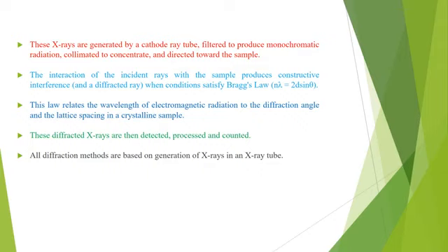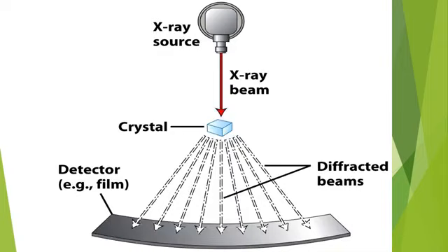All diffraction methods are based on the generation of X-rays in the X-ray tube. Here is an animation showing the X-ray source. The X-ray source is the X-ray tube from where X-rays are coming, and this red line is the X-ray beam which is striking a single crystal, and after striking the single crystal it is scattered to different angles and gives different modes of scattering.